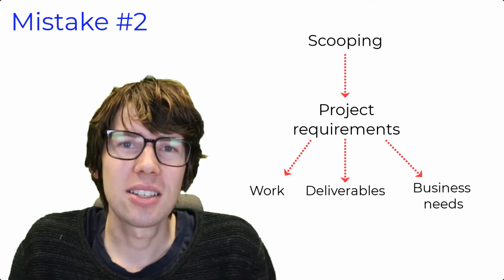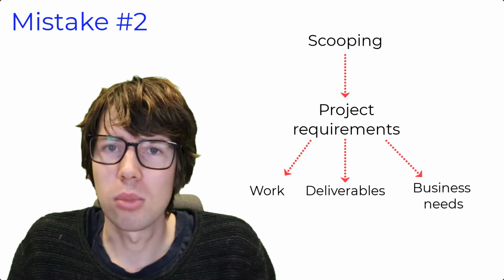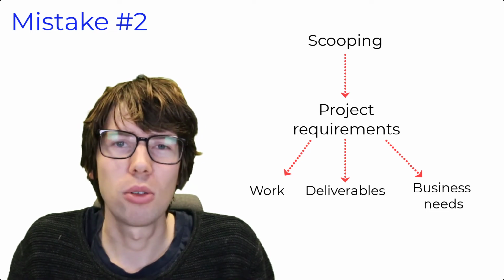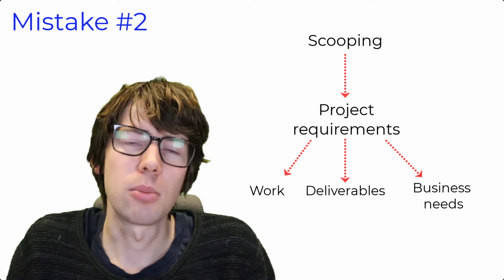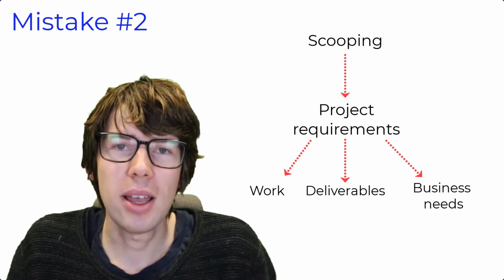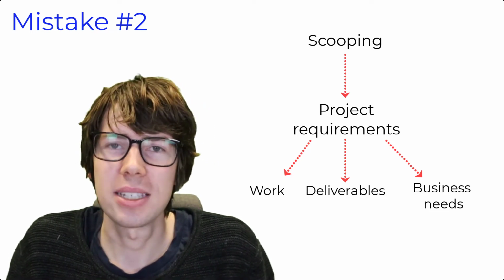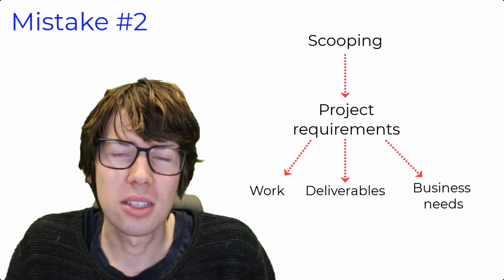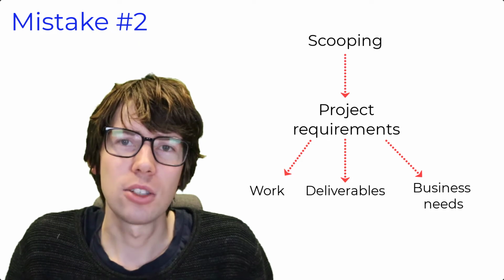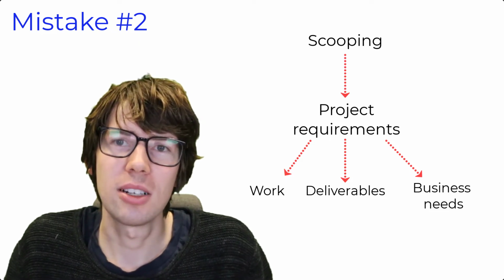And second is a description of the deliverables. And deliverables is all of the outputs generated by the project. The products and services that you create in order to satisfy the business needs. And finally, the project requirements include a description of the work that you need to do to bring about the project deliverables.